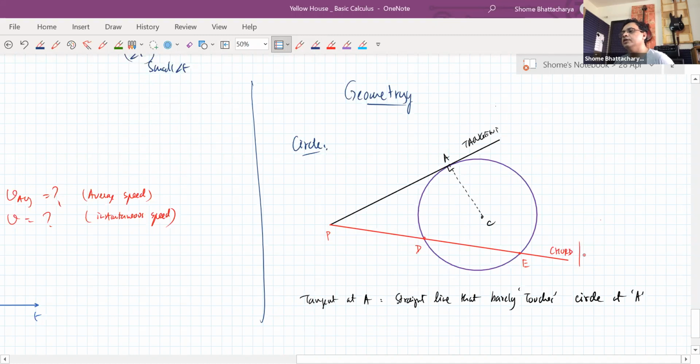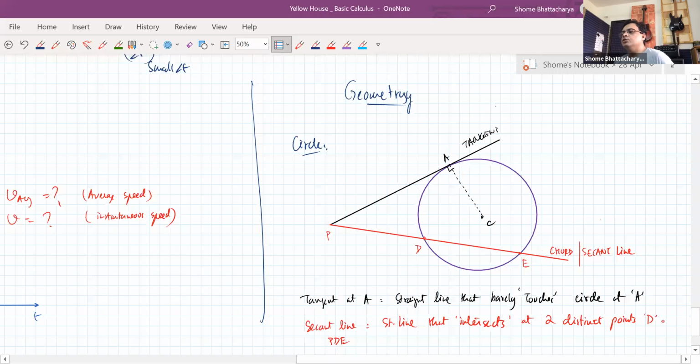But the general term for it is that it is a secant line. So the secant line PD is a straight line that intersects at two distinct points, D and E.